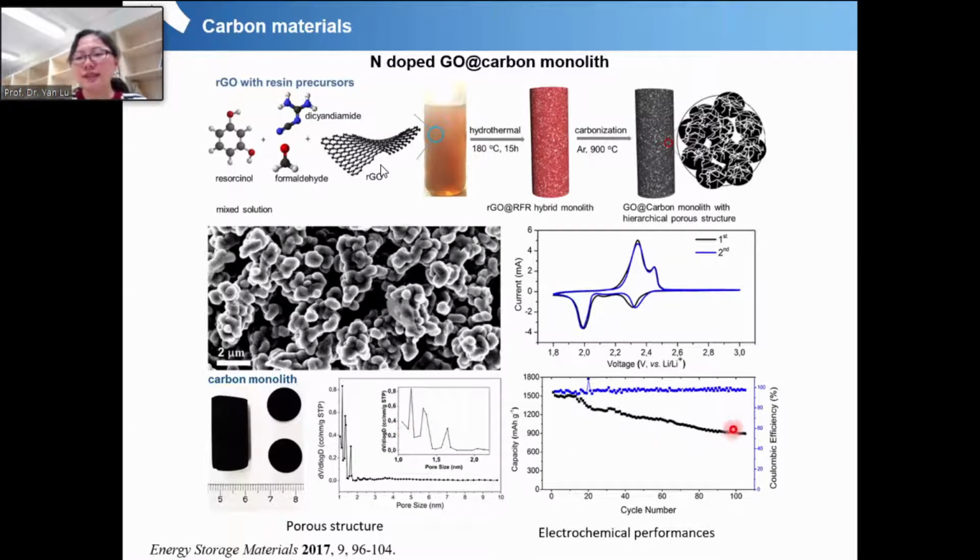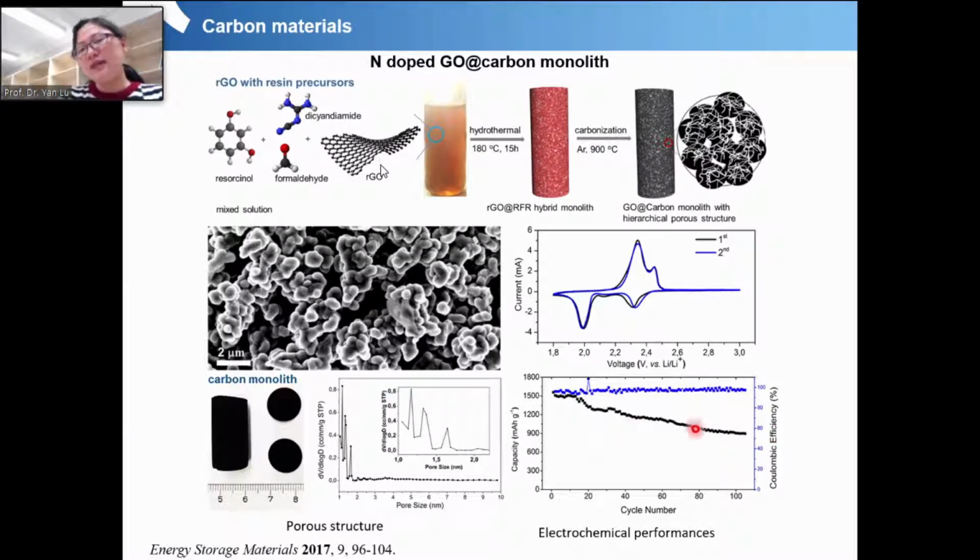And of course, importantly, we do the electrochemical performance, and they can be used as a cathode for lithium-sulfur batteries. But you can see here that you still have this capacity fading when we increase the cycle numbers.